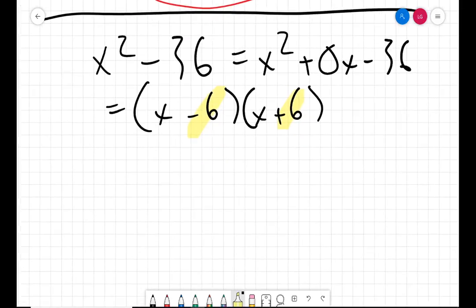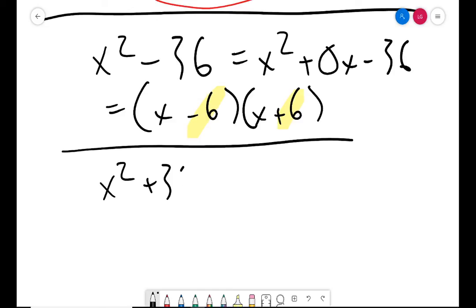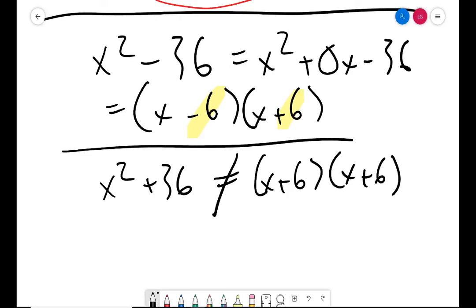Interestingly, not everything factors. I should say not everything factors to whole number factors. So this, for example, is not equal to this. Oh, it's the sum of two squares.